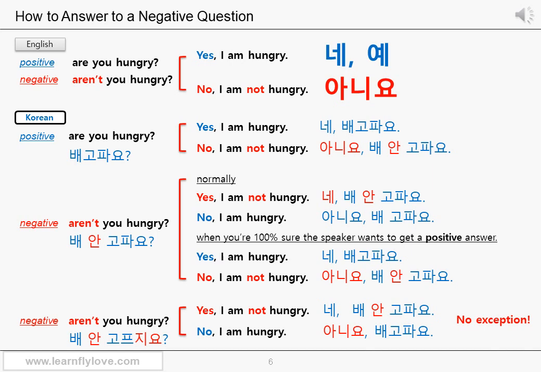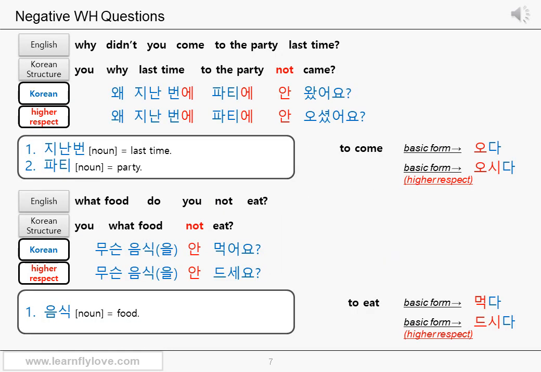Remember that. Second, since it's a bit hard for you to fully understand this, please make a full sentence all the time. For example, yes, I am not hungry. Or, no, I am hungry. Whether the answer is yes or no, you better say the rest of the sentence so that there will be no miscommunication. Very good.